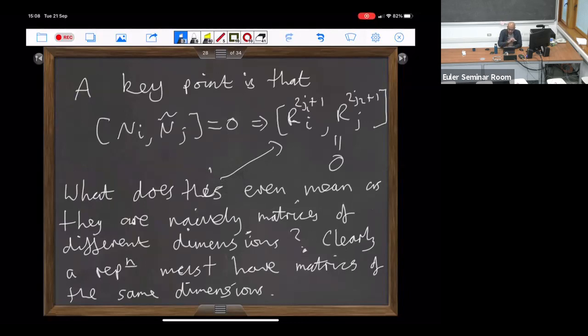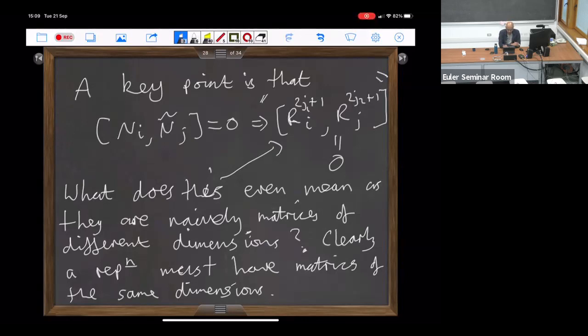Now, we know that the n's and n tildes commute with each other. The two SU2s commute with each other, which means that we have to find matrices such that these two representations commute with each other. I'll put this in parentheses here because what do I even mean by that? These two representations are of different dimension, so this expression on the right-hand side doesn't even mean anything yet.